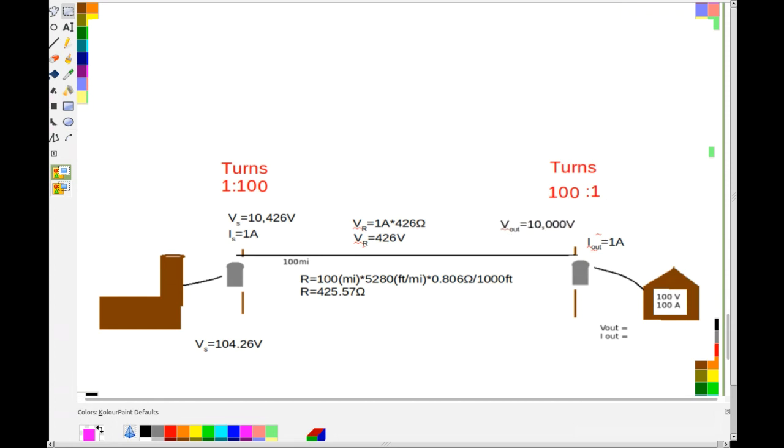Now, what's so critical about transformers is that if it was a perfect transformer, then the power into the transformer is equal to the power out.